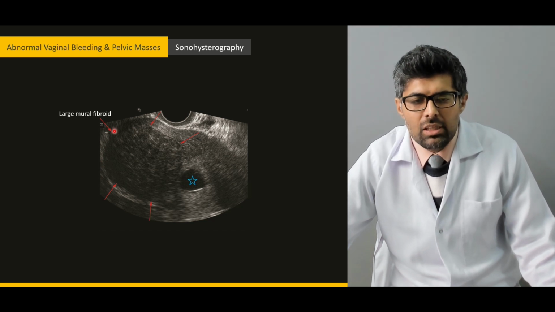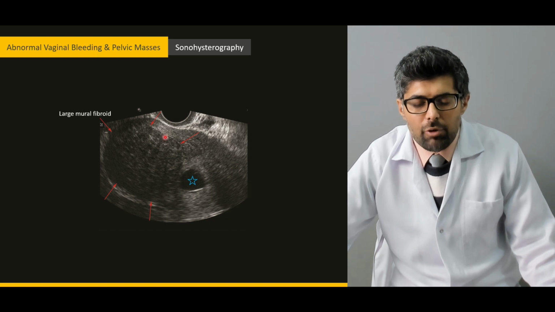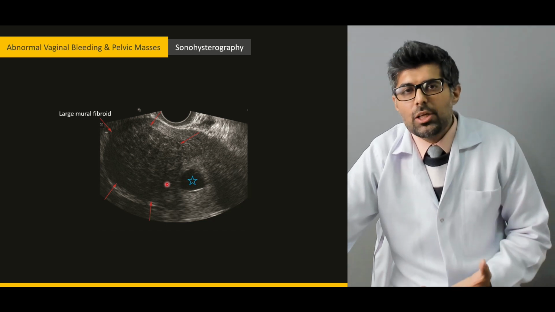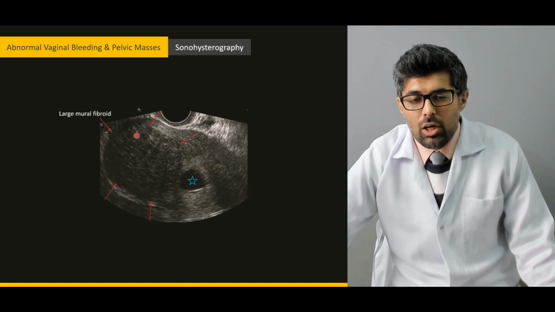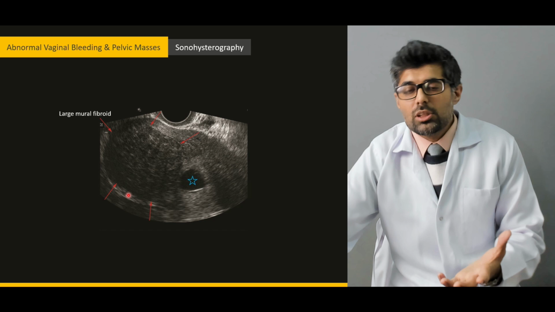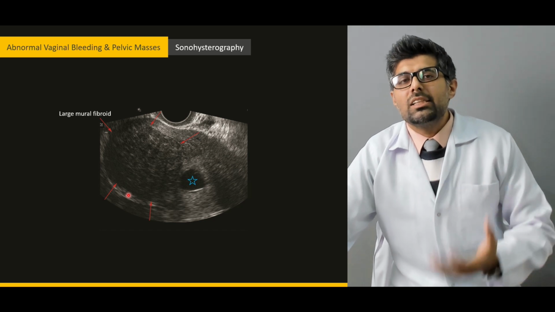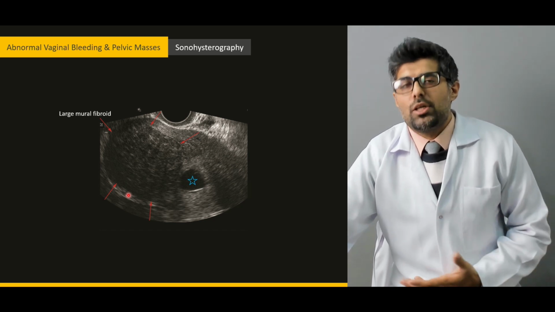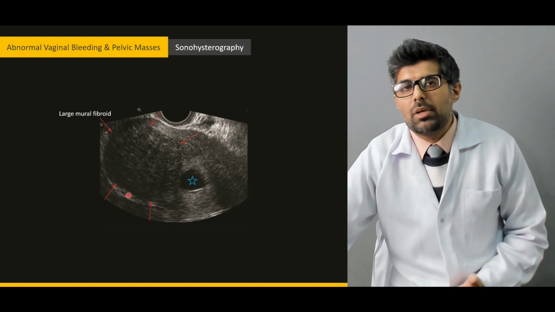Now, this fibroid is of mural nature. It is very large and it has taken a lot of space. So such a fibroid can easily be found even on palpation on physical examination.